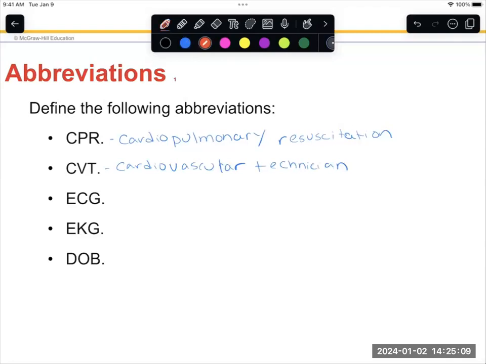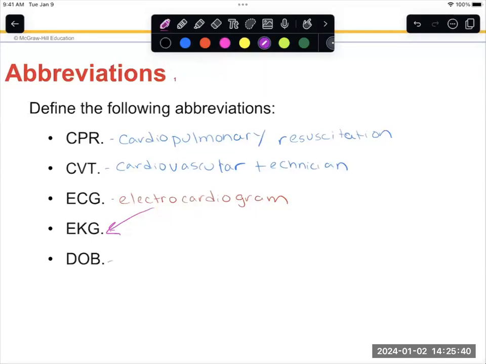ECG, electrocardiogram. So this is a way we can record the heart. EKG, it's the same thing, electrocardiogram. Sometimes it's ECG, sometimes it's EKG. It's the same exact thing.